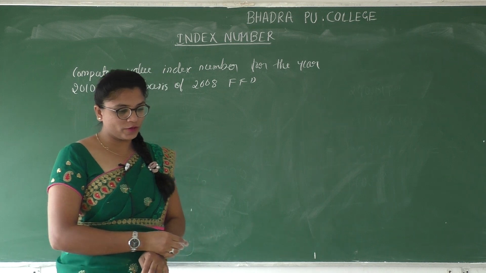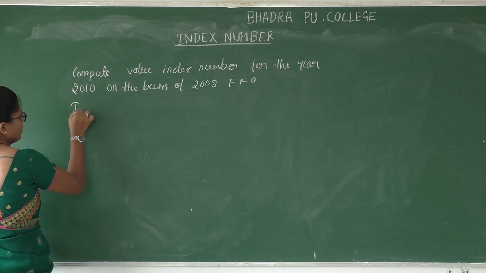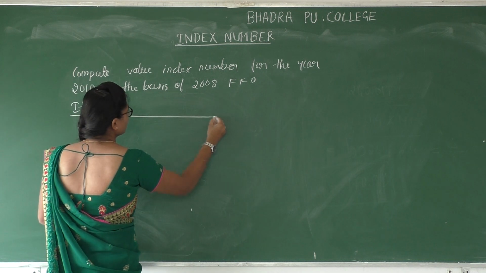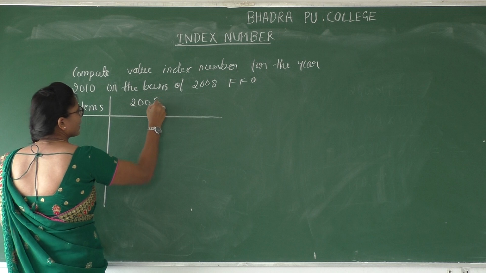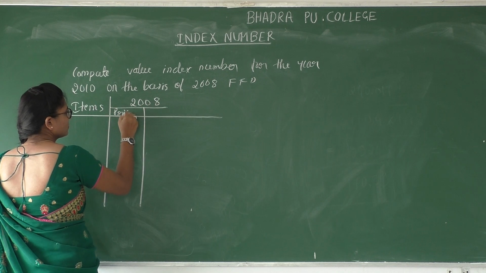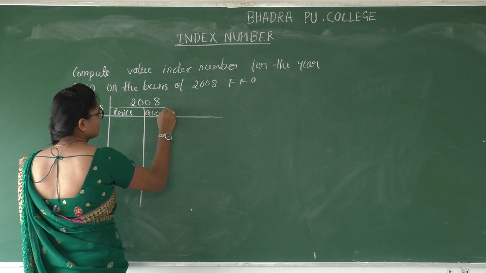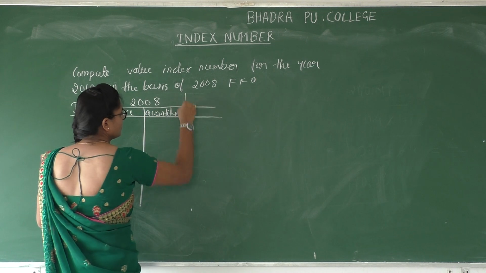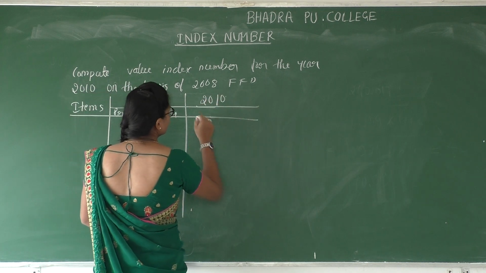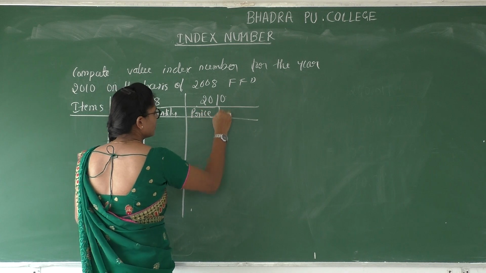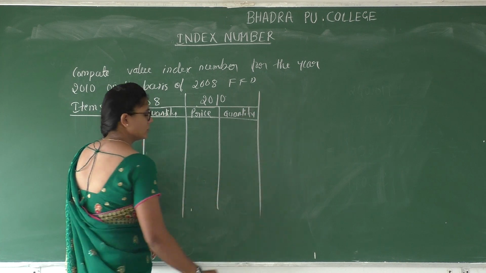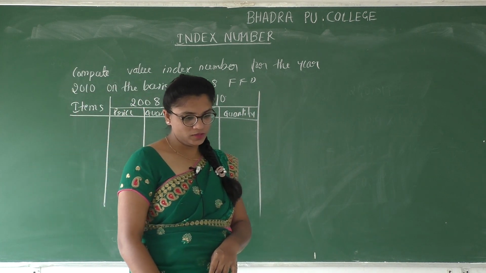So we have the columns: items, then 2008 price and quantity, and then 2010 price and quantity.